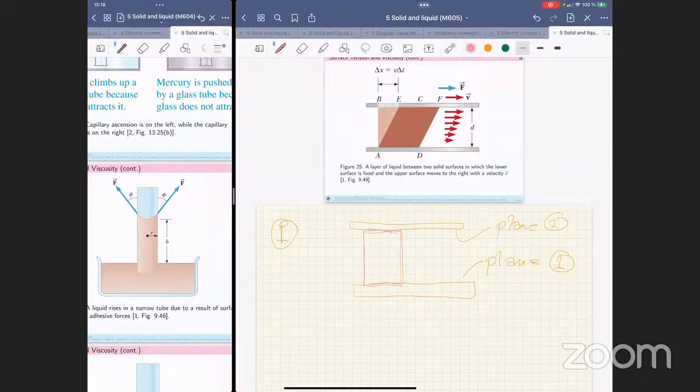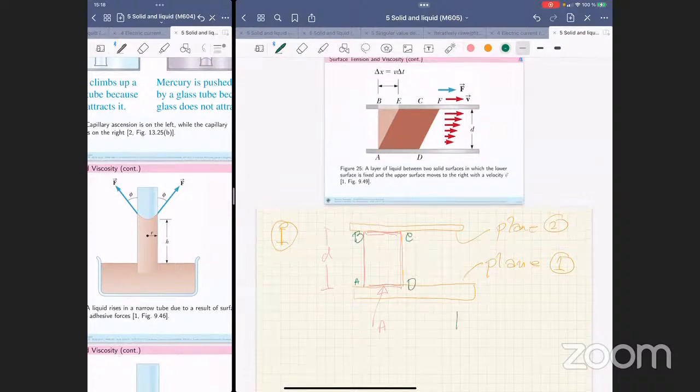That's the first stage. The distance here is D, and the area at the contact is A. The shape at the beginning is a square with points A, B, C, and D.